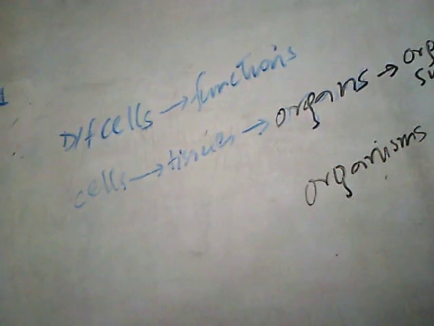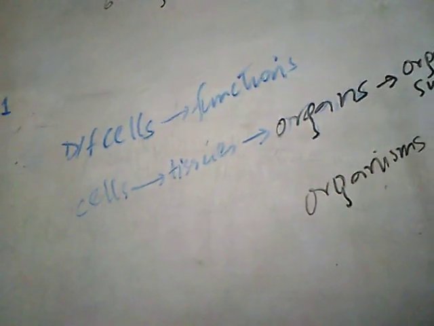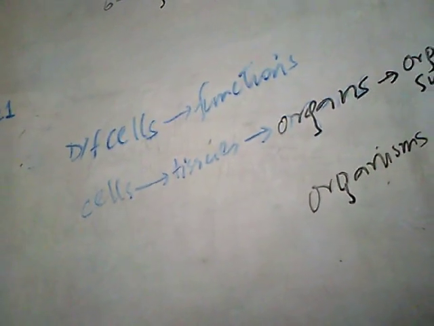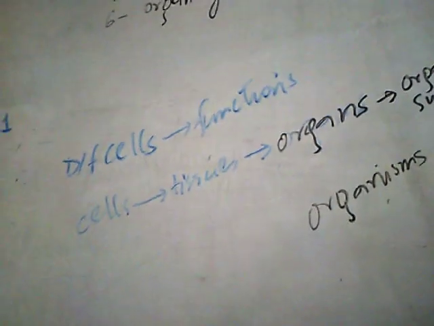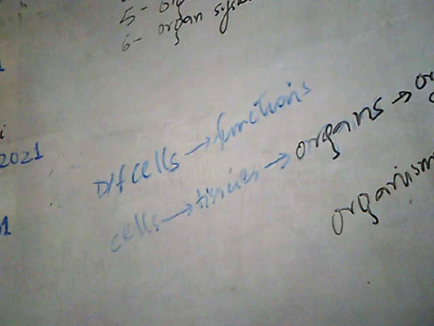This opening, which allows the guard cells to pass gases, is called a stoma. To close the stoma, the guard cells change their shapes. So since the guard cell has a function to allow gaseous exchange, its shape is different from a palisade cell.